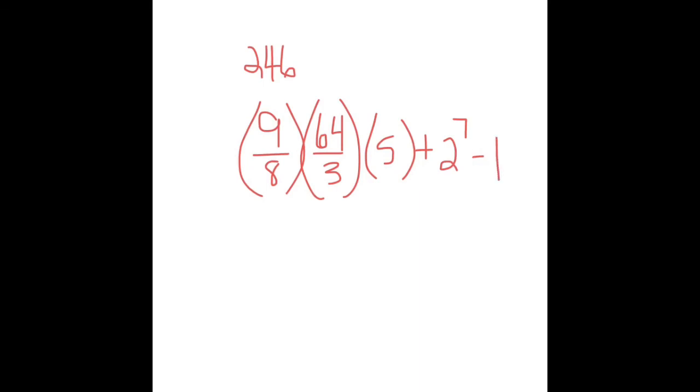So let's see. 8 will go into 64. 8 times 3 is 24. Times 5 is 120. 2 to the 7th power is 128. So that equals 248. Minus 1 is 247. I'm so close. I'm so close.